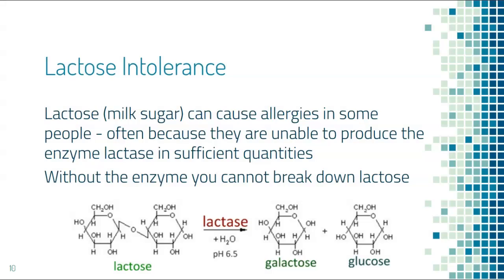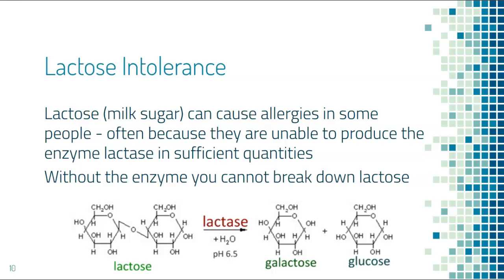Now, one thing that you guys really do need to know is the idea of lactose intolerance. So lactose is a milk sugar. People that are lactose intolerant cannot break down lactose in their bodies because they don't produce lactase, which is the enzyme, in sufficient quantities. And so if you don't have lactase, you can't break down lactose into galactose and glucose.